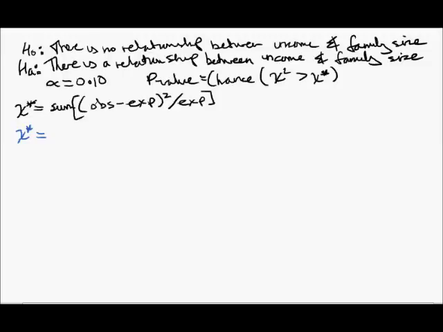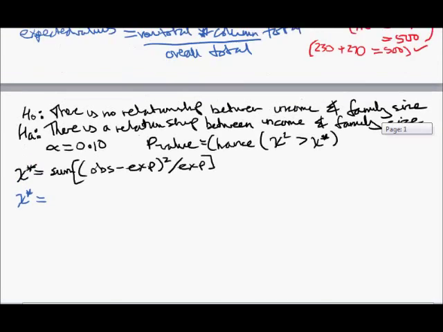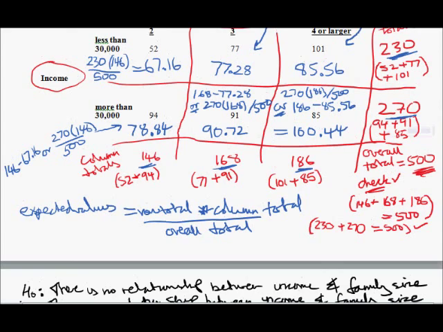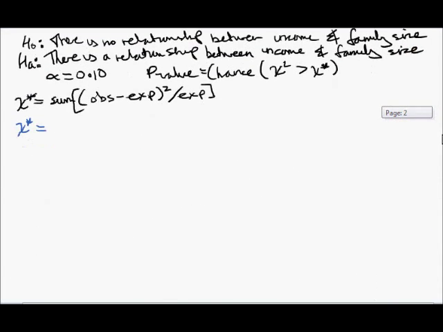By itself. So what was it? First, I need to write those down. So we had 52, 77, 101, 94, 91, and 85. And I've got the expected on my piece of paper, so I can write those down here. So we're going to have 52, the observed, the expected was 67.16.